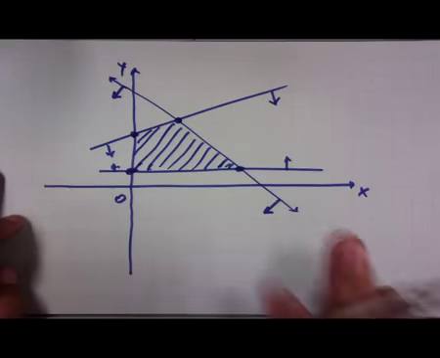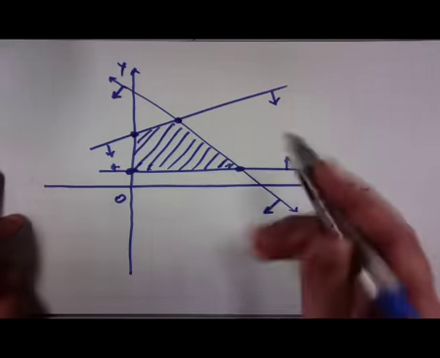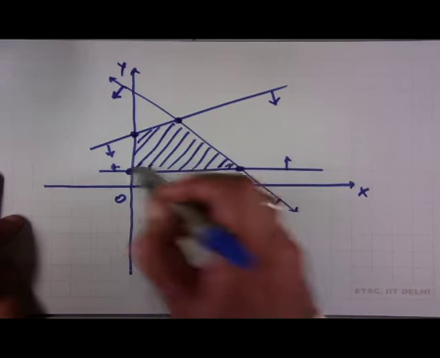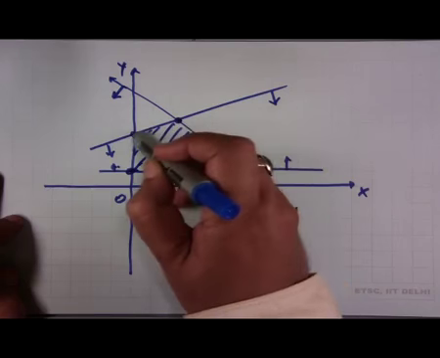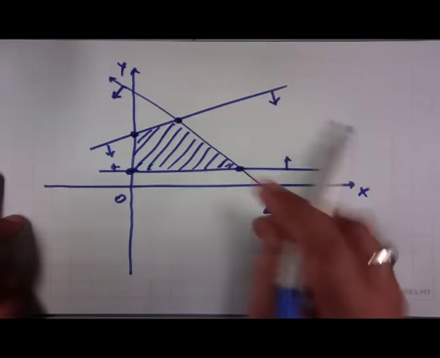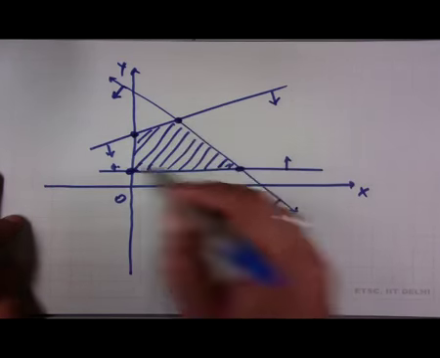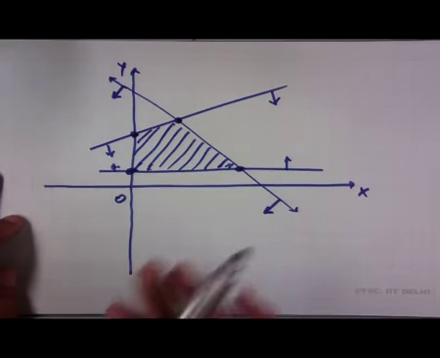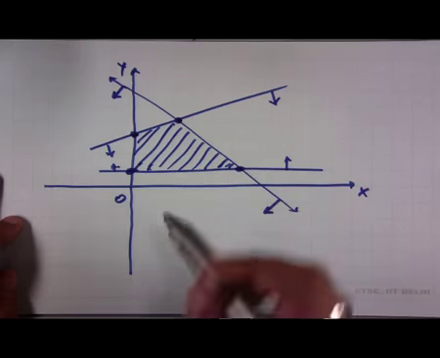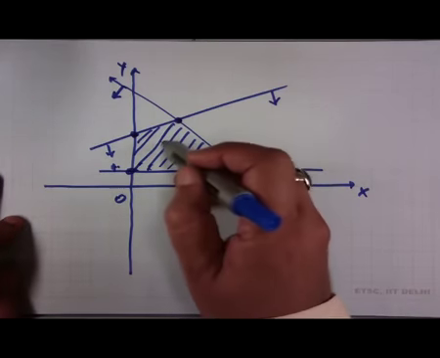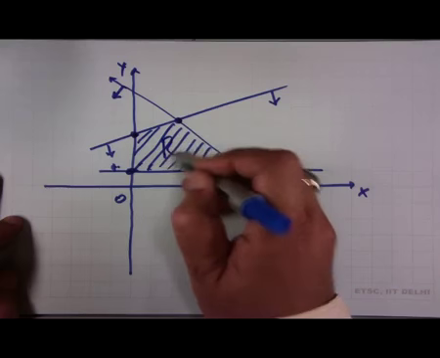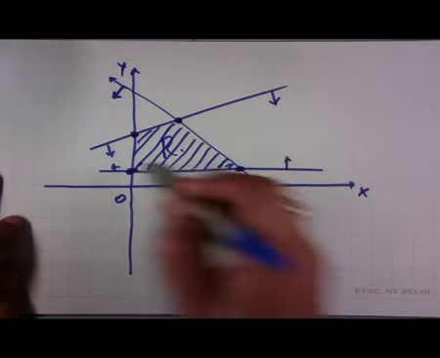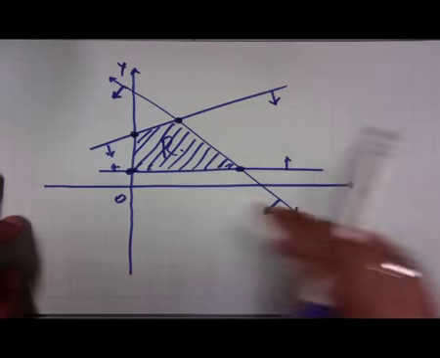So, theorem 1 says that every feasible region has its corner points and its optimal value lies at corner points. And theorem 2 says that if this region is bounded, then this region must have both a maximum and a minimum value.